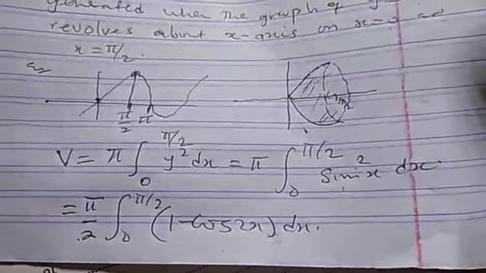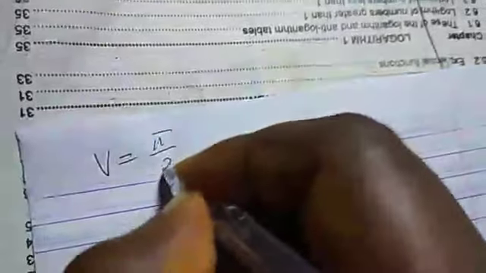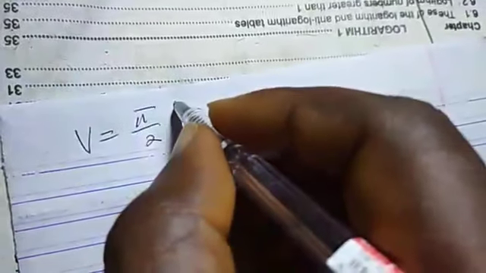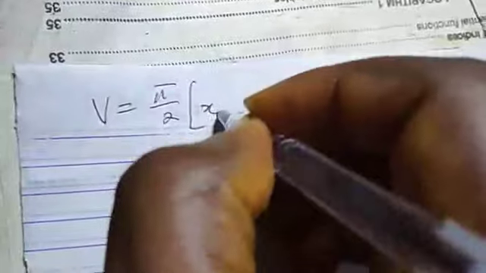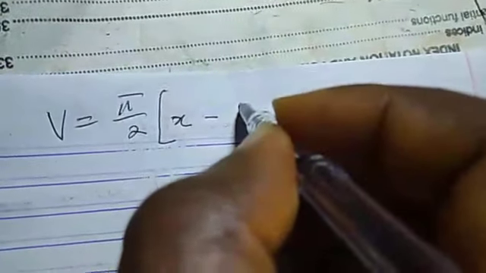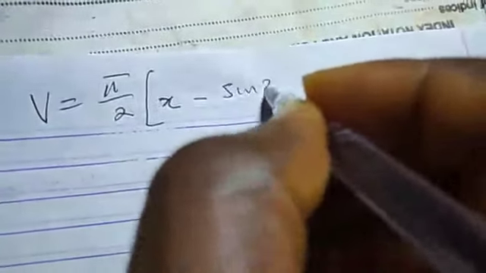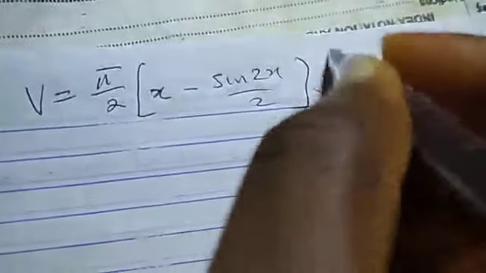So from that place, the volume, once again, see it so that you can pause it and write it down. Volume will now be pi over 2 into, if we integrate this, we have x, and if we integrate cos 2x, we have sin 2x over 2, from 0 to pi over 2.